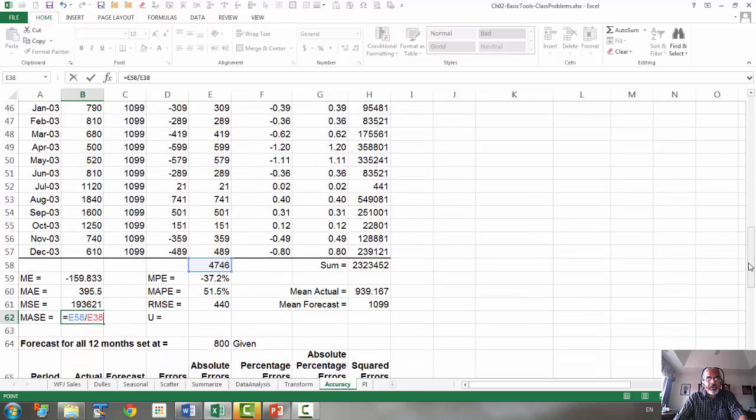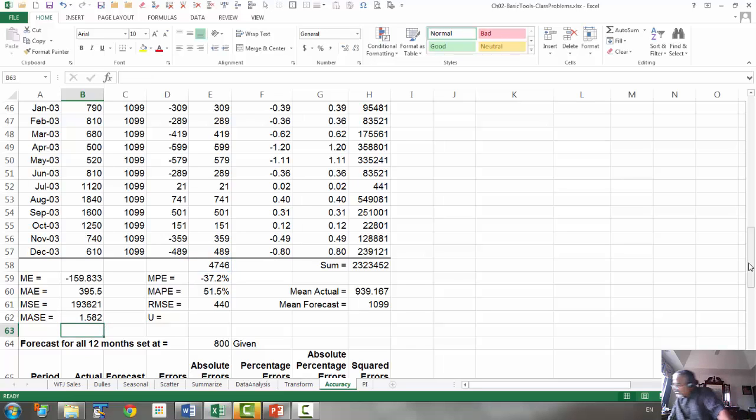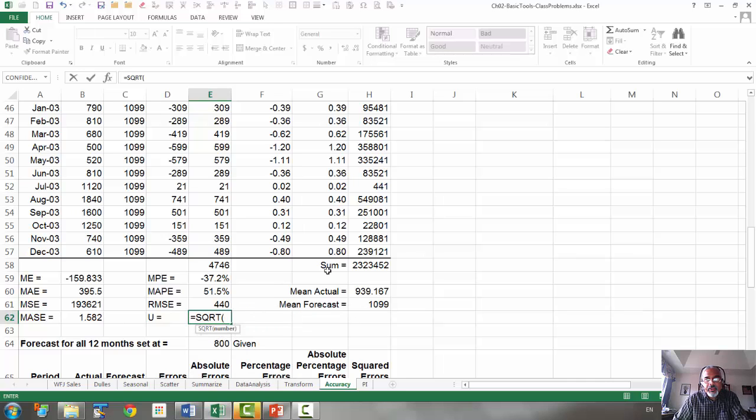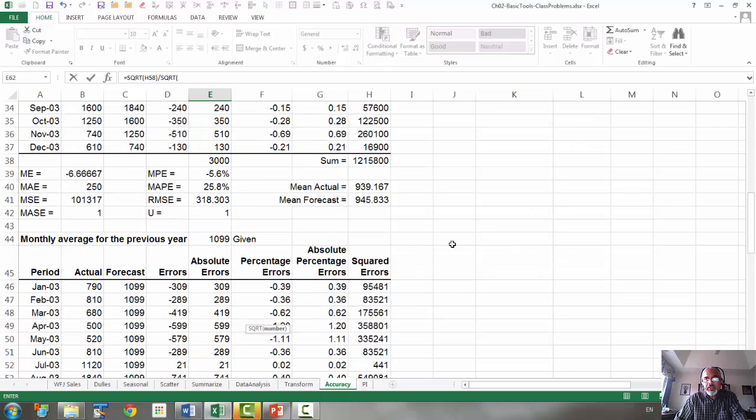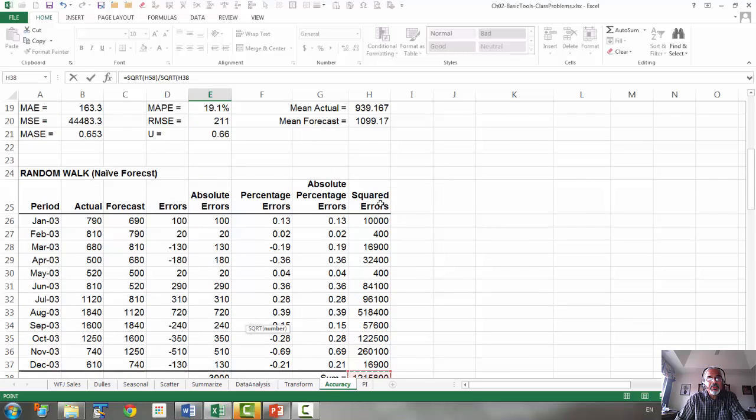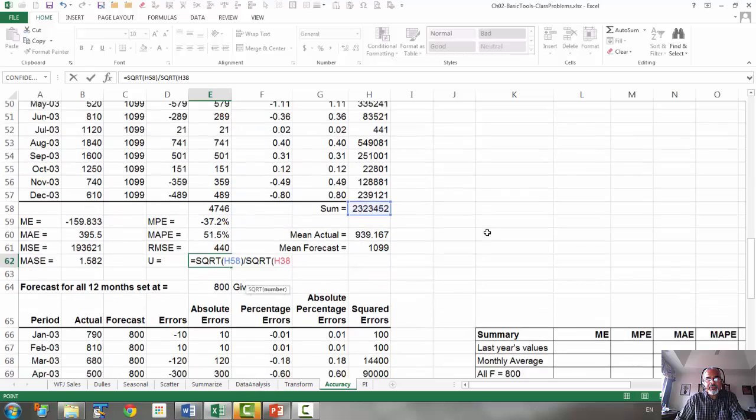Okay. So that would be the MASE of this, and then for U, it will be square root of the sum of squared errors for the current model divided by the square root of the same thing for the random walk model.